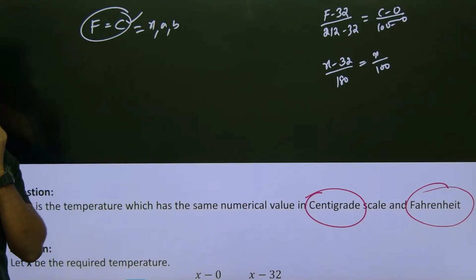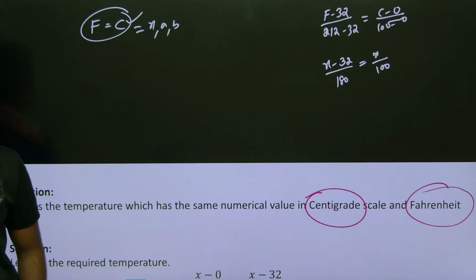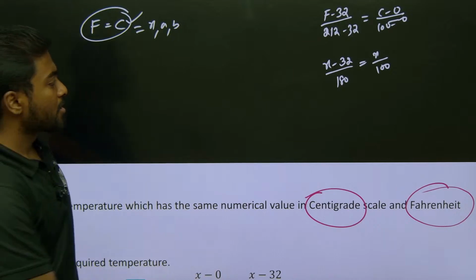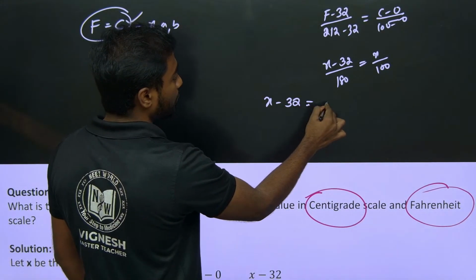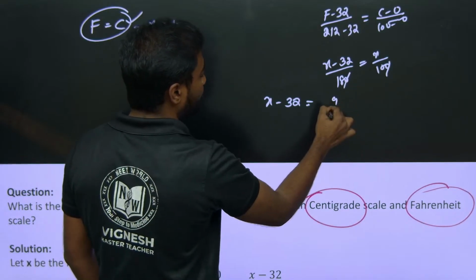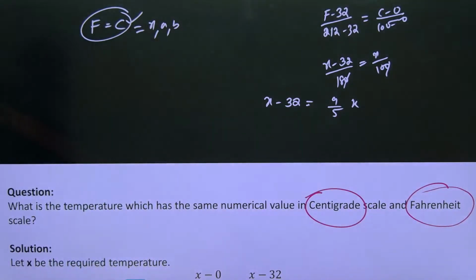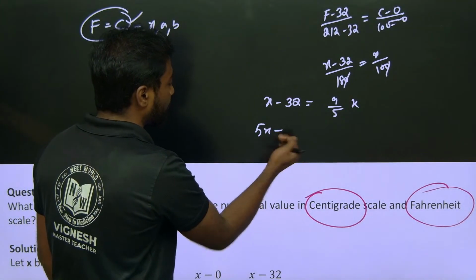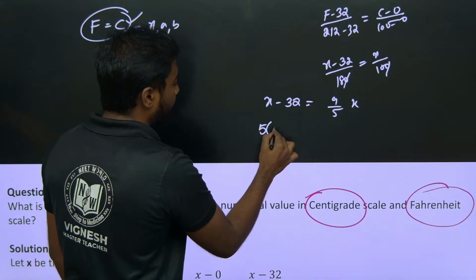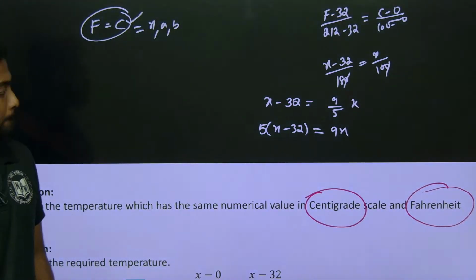So get first the value of X. So X minus 32 should be equal to, the zeros cancel, and this is 9 by 5, and this is X, no? Then cross multiply it, 5 times X minus 32 should be equal to 9X, right? Correct only, no? Get it?